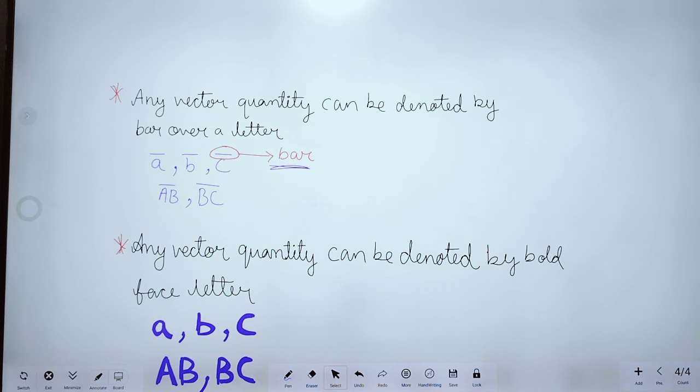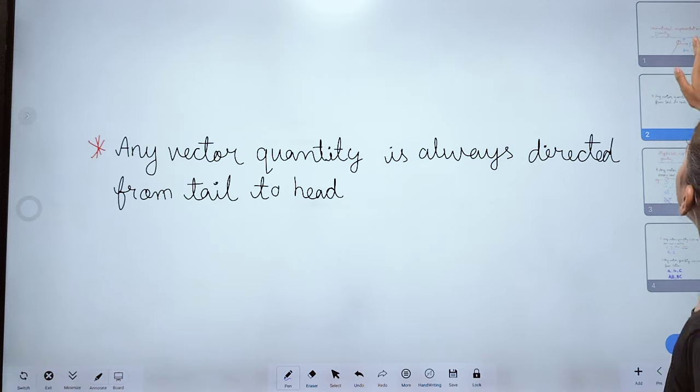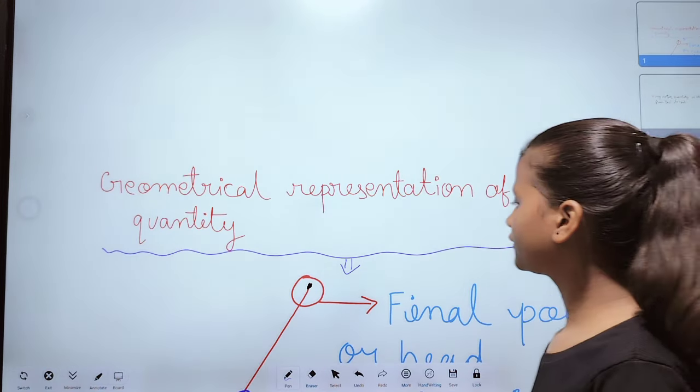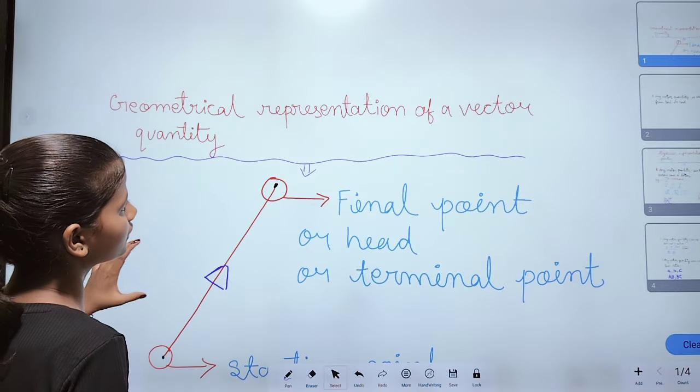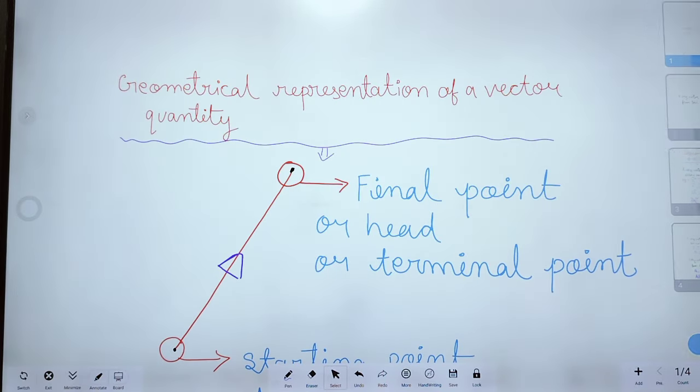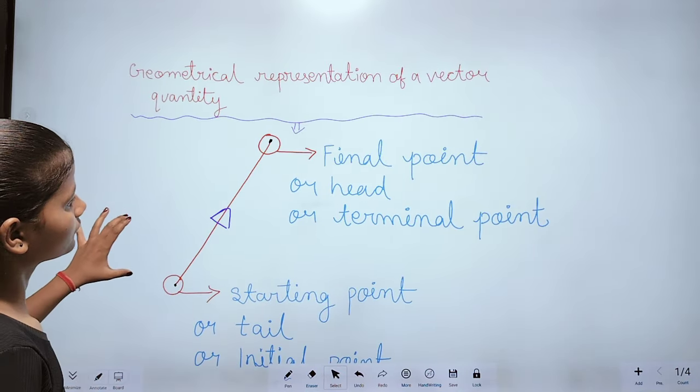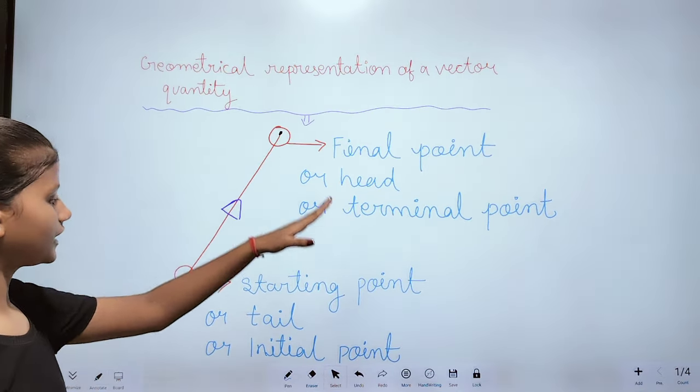all these points that we learned today. The first one is the geometrical representation of a vector quantity. Okay, how to represent a vector quantity in the form of geometry. So this one is a line.